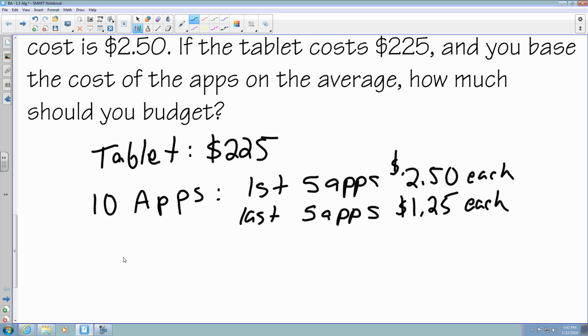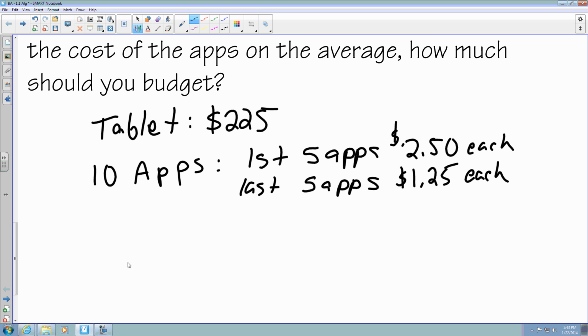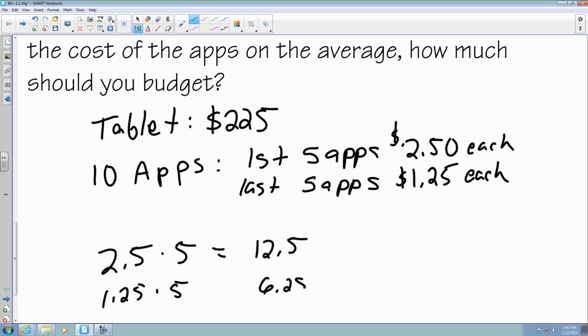So for the first 5 apps, we take 2.5, which is the price, multiplied by 5, and you get 12.50. And then for the last 5, you take $1.25 and multiply it by 5, and you get 6.25.